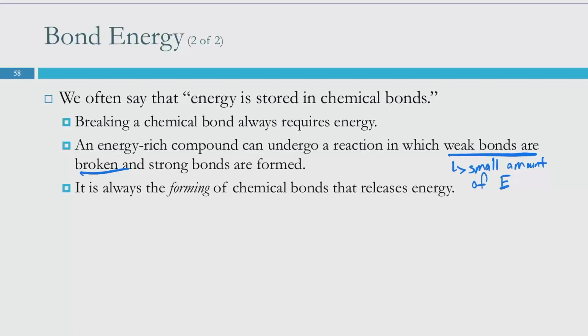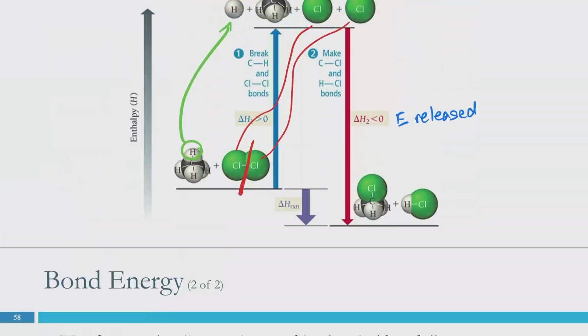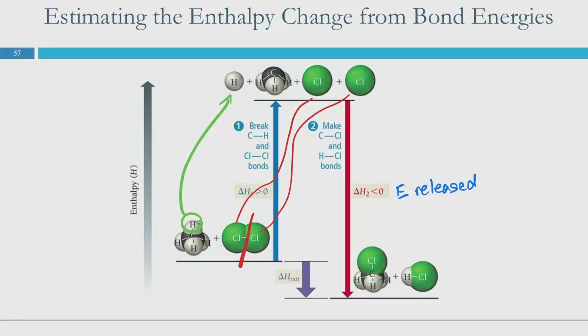They're weak bonds, so you don't need much energy to break them. And then strong bonds are formed. So unlike this graph, where there's a big jump up and a big drop down, we would be starting at a much higher level. We only increase in energy a little bit. We put a tiny little bit of energy in, and then there's a lot of energy that's released because we're forming really strong bonds, maybe double and triple bonds.